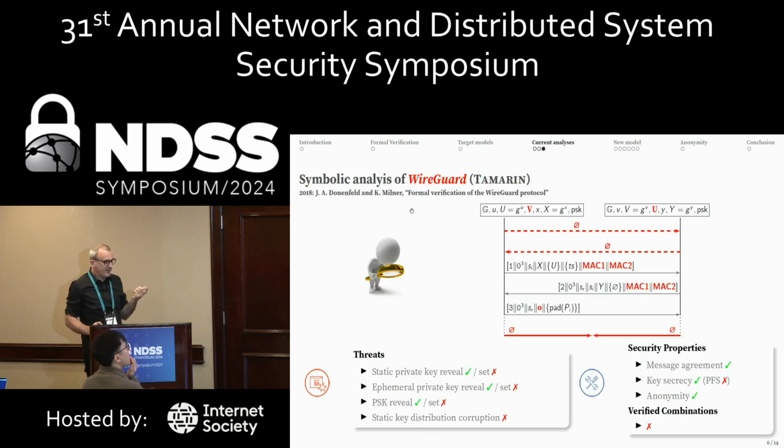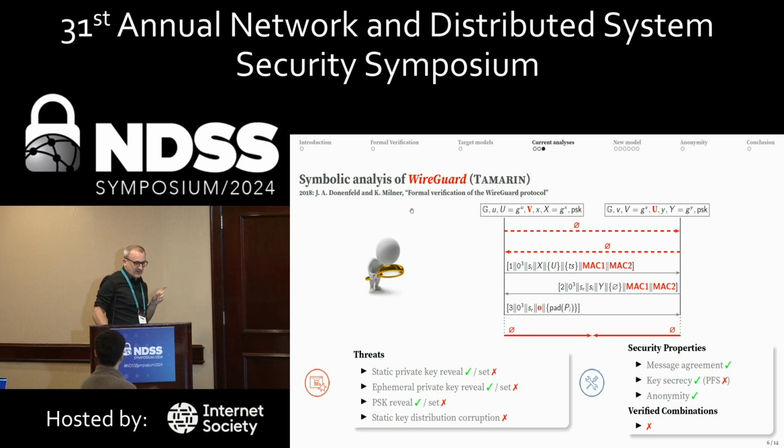So look, for instance, at a previous analysis of WireGuard, which was done with a tool named Tamarin in 2018. What is depicted here is the difference between the full protocol and the protocol that is analyzed in this analysis. So here in red is the part of the full protocol which is not included in this analysis.